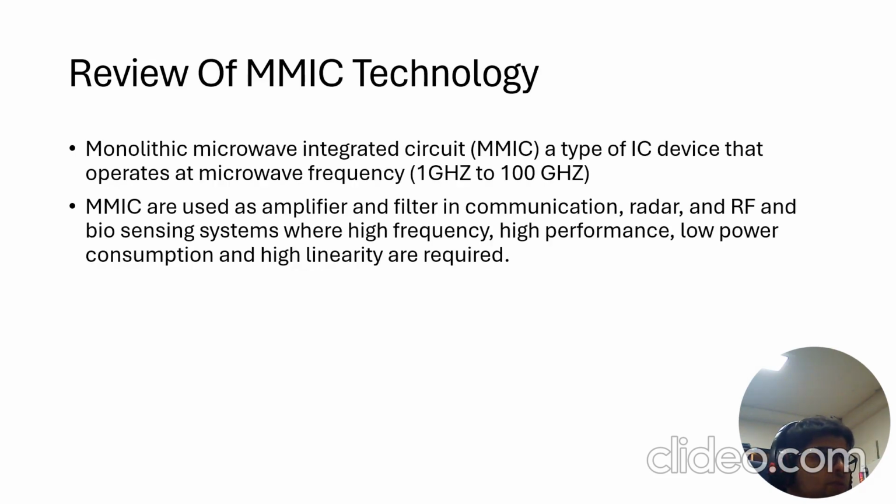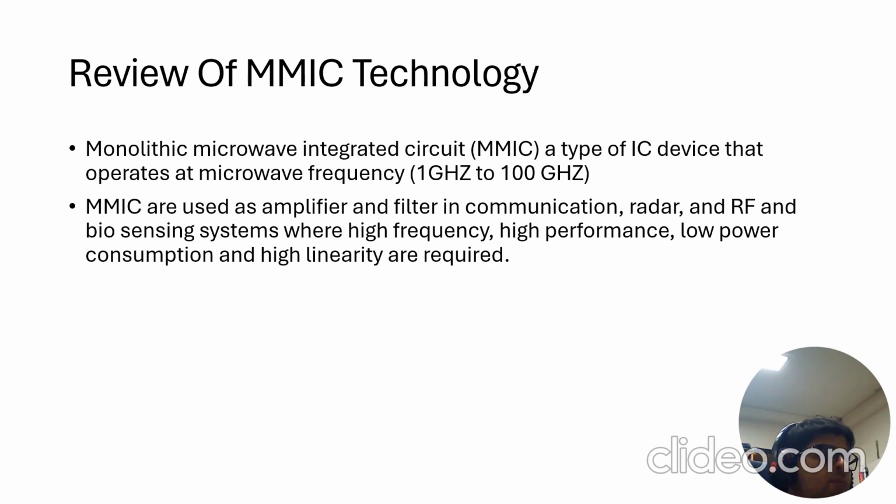Let's talk about the review of MMIC technology. MMIC stands for monolithic microwave integrated circuit. It is a type of IC mainly operated at microwave frequencies, which can range from 1 GHz to 100 GHz.